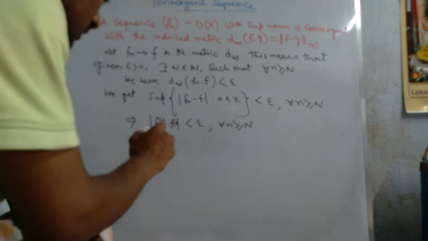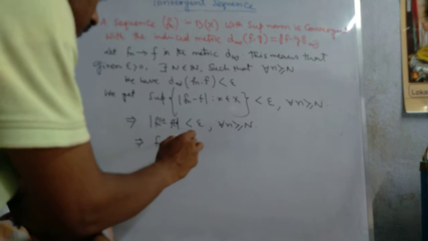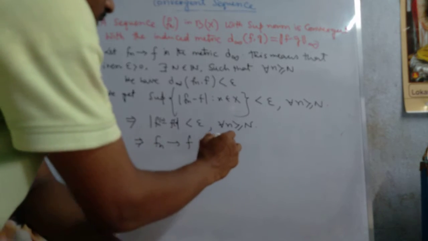Then we proceed: fn tends to f in d infinity.